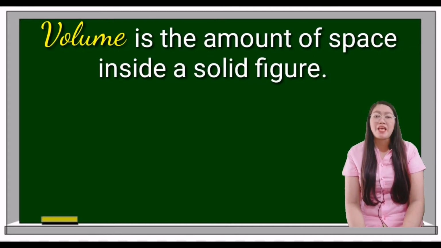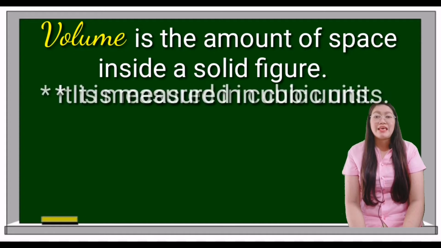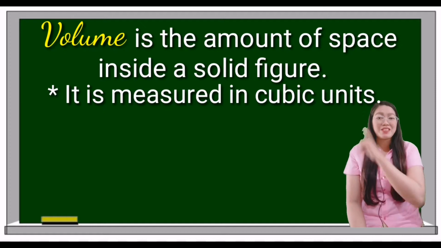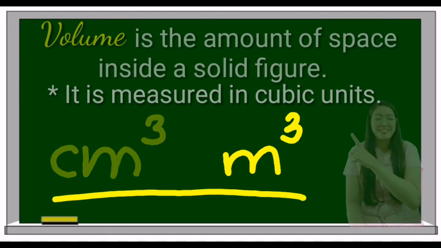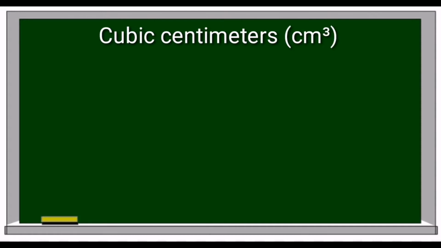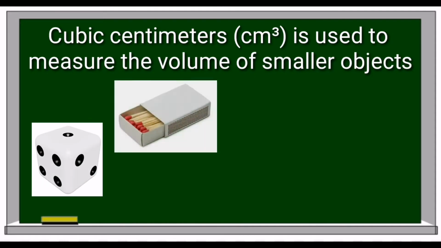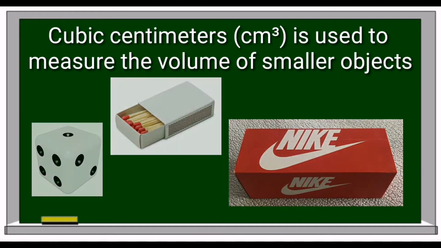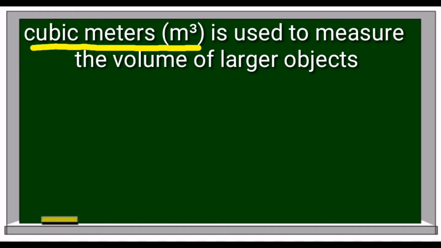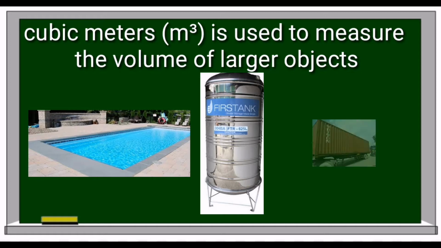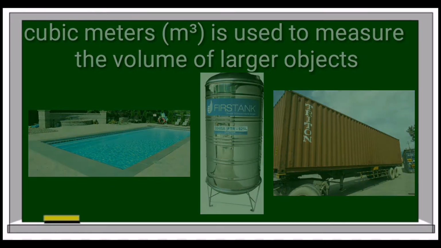Volume is the amount of space inside the solid figure. It is measured in cubic units, the most common of which are cubic centimeters and cubic meters. Cubic centimeters is used to measure the volume of smaller objects like dice, matchbox, shoebox, and others, while cubic meters is used to measure the volume of larger objects like swimming pool, water tank, container van, and other bigger objects.